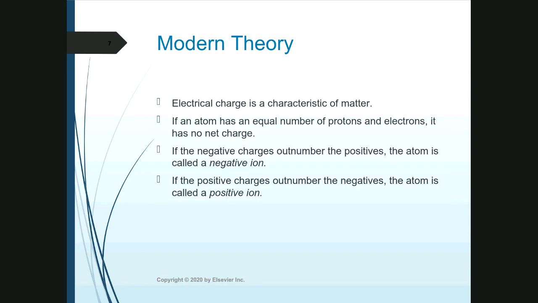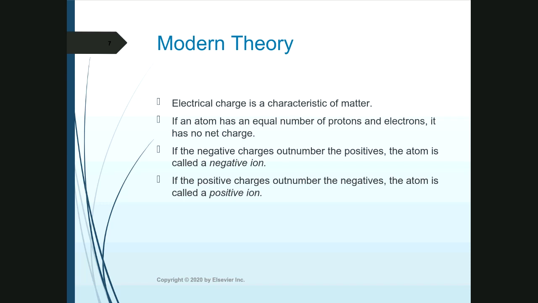When we look again at the electrical charges, speaking of protons having a positive charge and neutrons having no charge and electrons having a negative charge, electrical charge is a characteristic of matter. And remember, matter is anything that has mass, occupies space, and has shape. That is considered matter.